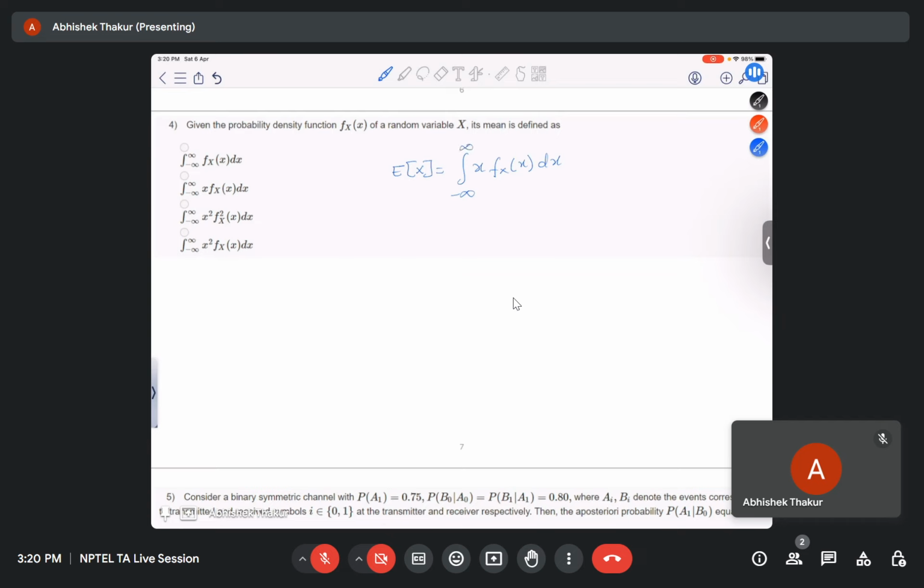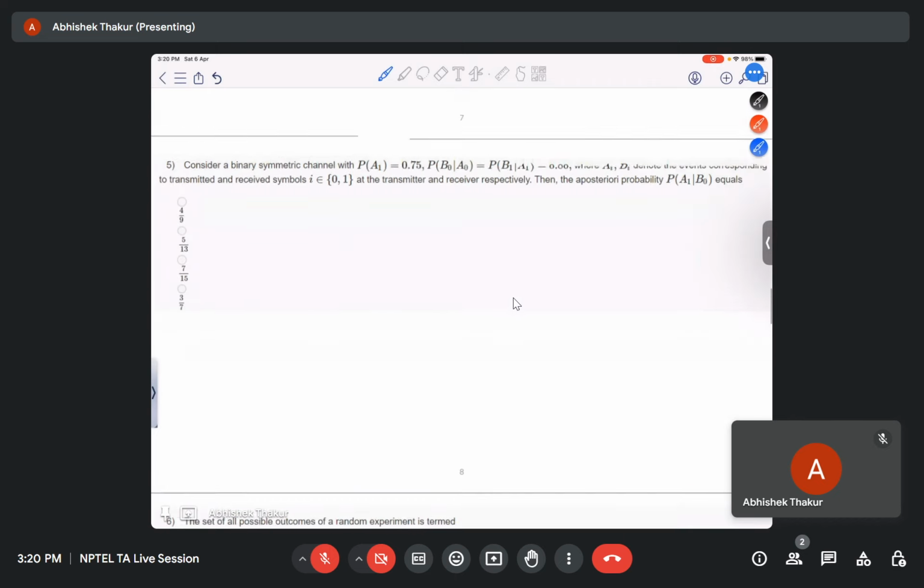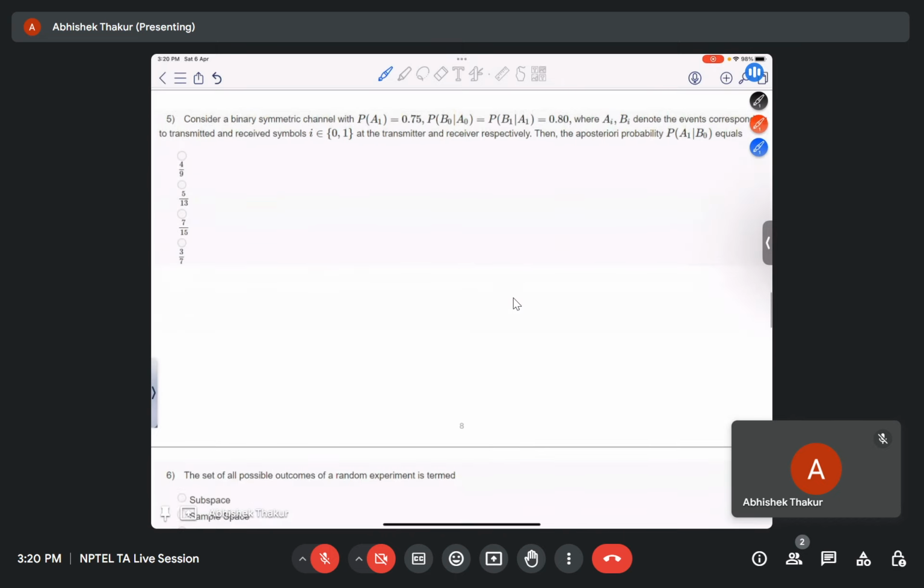The correct answer is option B. Now coming to the next question; after solving these 10 questions, today we will also solve some GATE questions, apart from the lecture series.